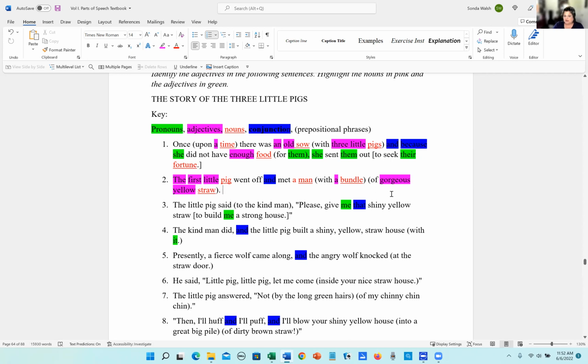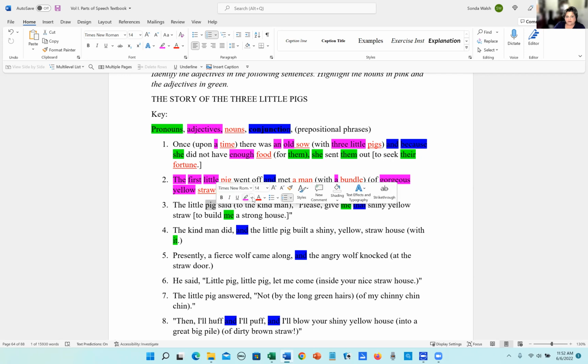Really, the only thing that goes inside of a prepositional phrase is the preposition, the adjectives, or the nouns. So if it's inside of a prepositional phrase in between the preposition and the noun, it's more than likely going to be adjectives.